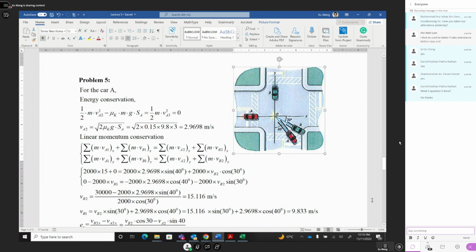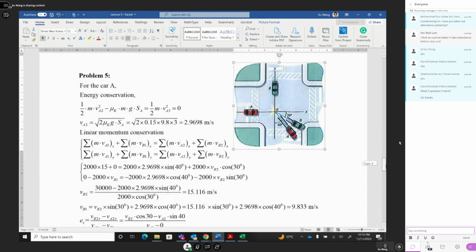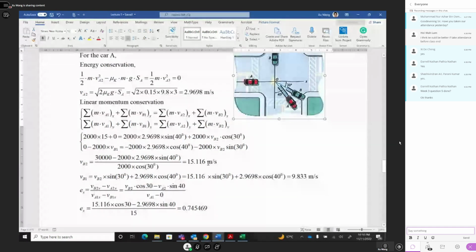All right. After you get VB2, we use this equation to find VB1. From here, all the negatives can cancel. Then you get VB1 equal to all this term divided by 2000, and 2000 cancels 2000.